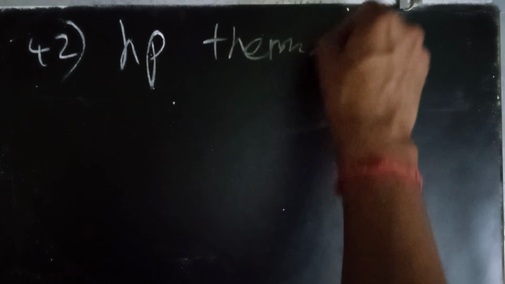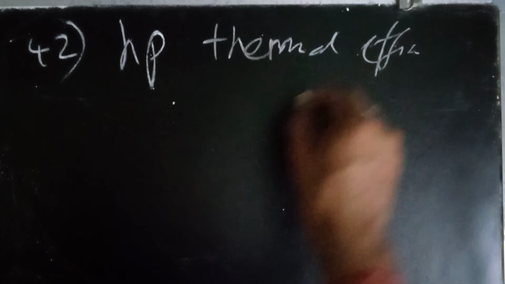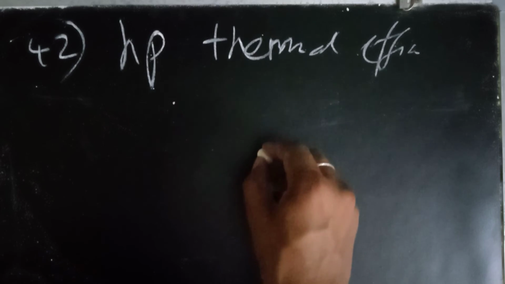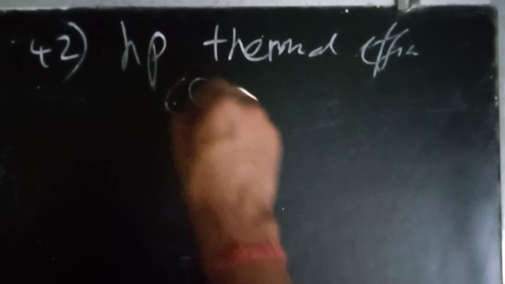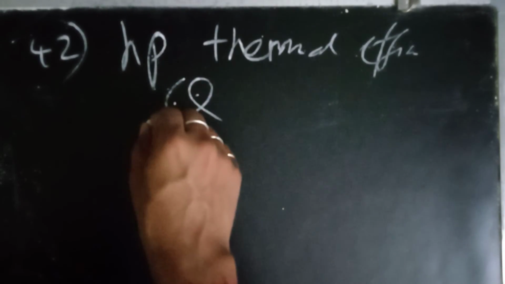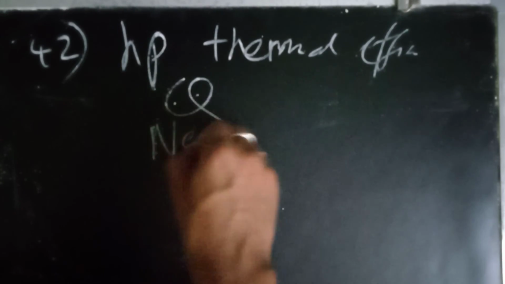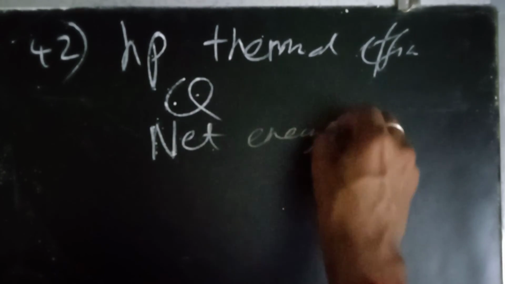Now 42 question was of some HP horsepower given, and the thermal efficiency was given, and here Q, the heat, was also given. So we need to find out the net energy released or something.